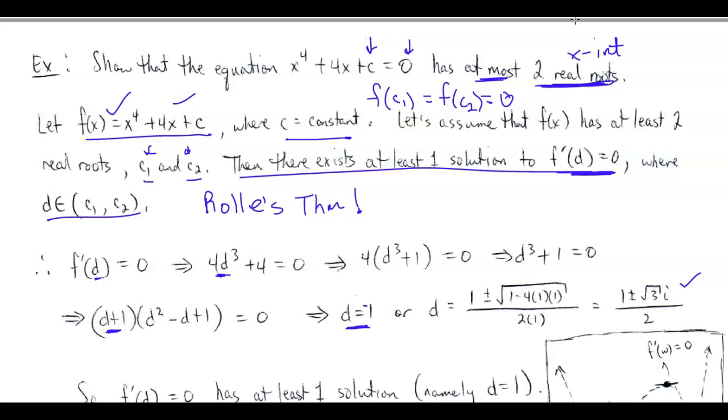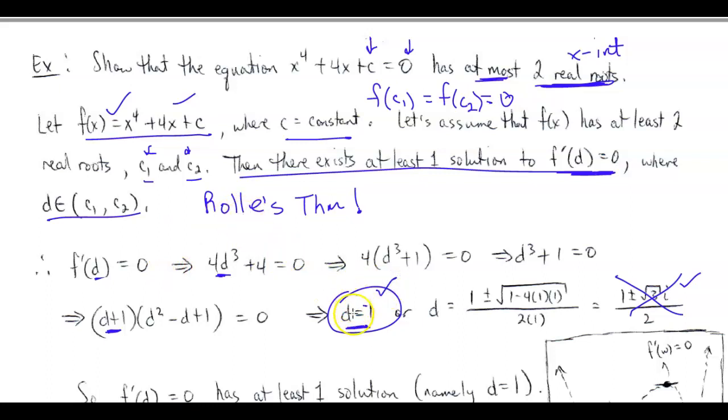And of course, we're talking about only real numbers here, not complex. So since I got these two complex numbers here, I can't consider that in my answer. I only got one real number answer here, but that's fine because Rolle's theorem guaranteed at least one solution.